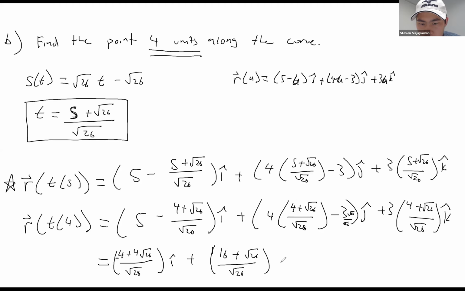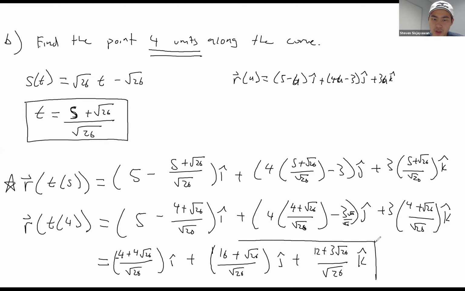I'm just expanding it out. And the third will be 12 plus 3 square root 26, all over square root 26. Okay, and that should be our answer for 13B.